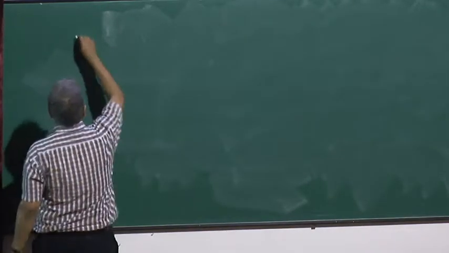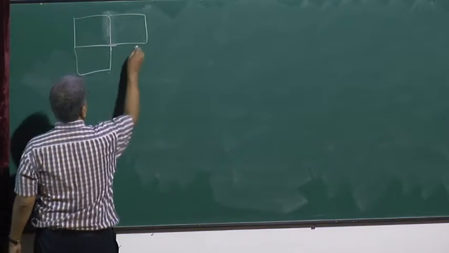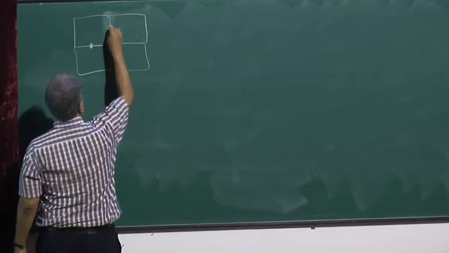So we have a square lattice with spin half degrees of freedom sitting on the midpoints of the bonds.